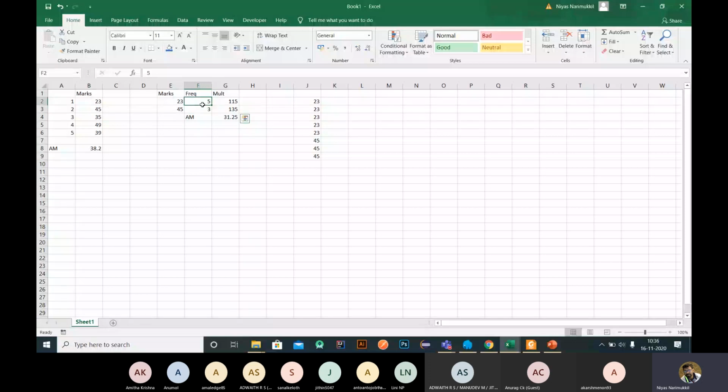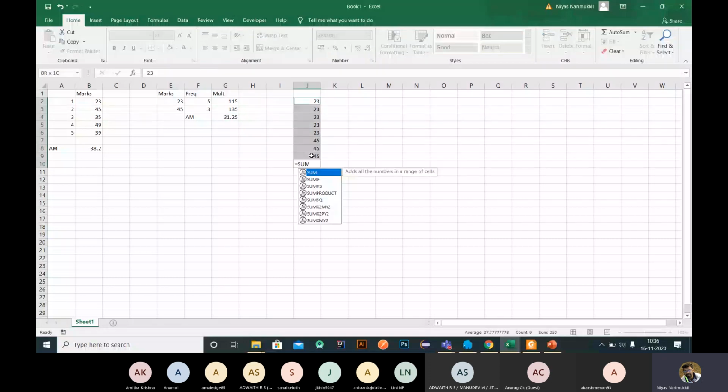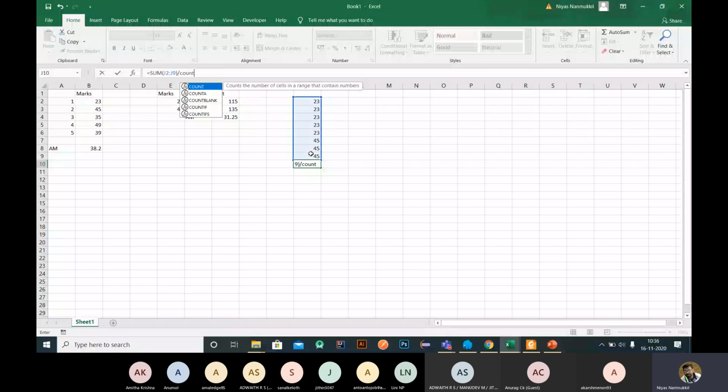So this is the same as the sum of these values divided by the count of these values, right? The same values give the same arithmetic mean. So this is another equation if you are getting a frequency.